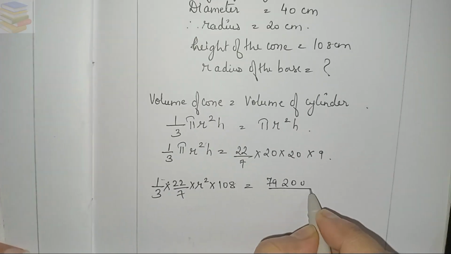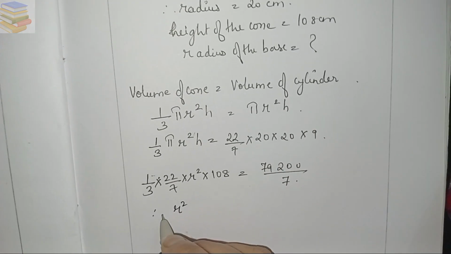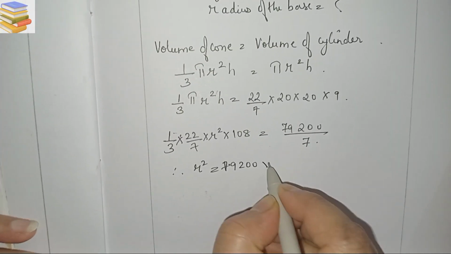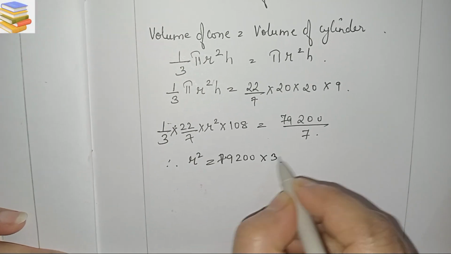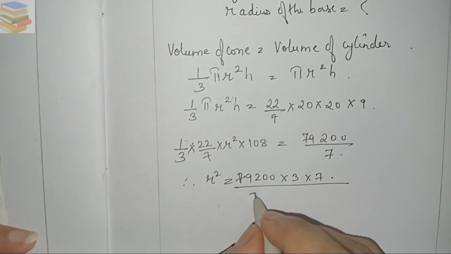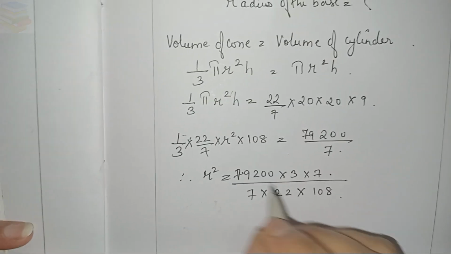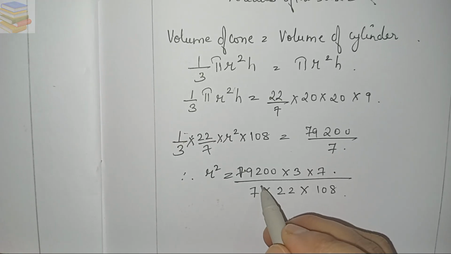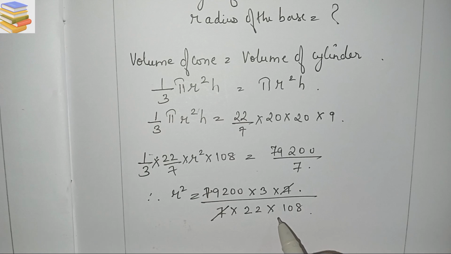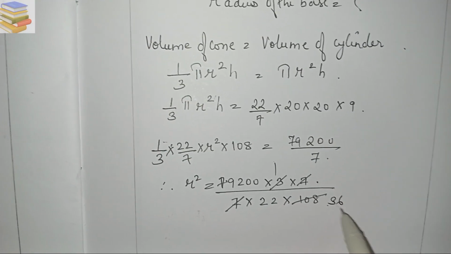79200. On calculating, we get 7 over 7 r square. Therefore, r square is equal to 79200 into 3 into 7. Okay, and this will be 7 into 22 into 108. 7 ones, 7s, okay, 3 ones, and this will give 36.